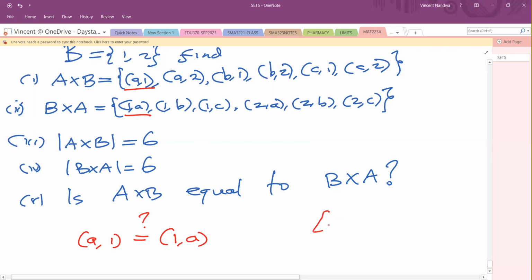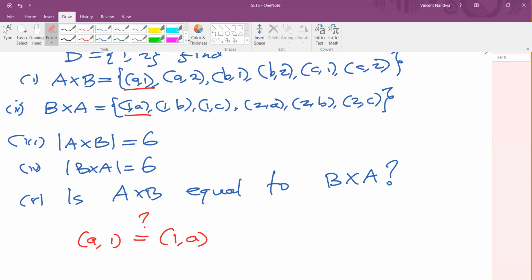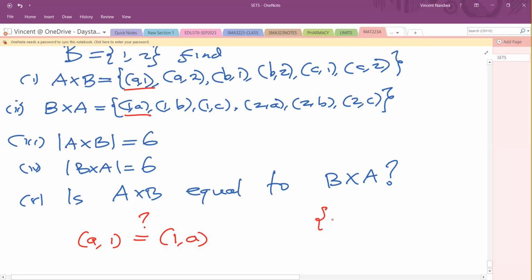And if I write this, (a, 1) and (1, a), is equality true or false? Is equality true or is false?